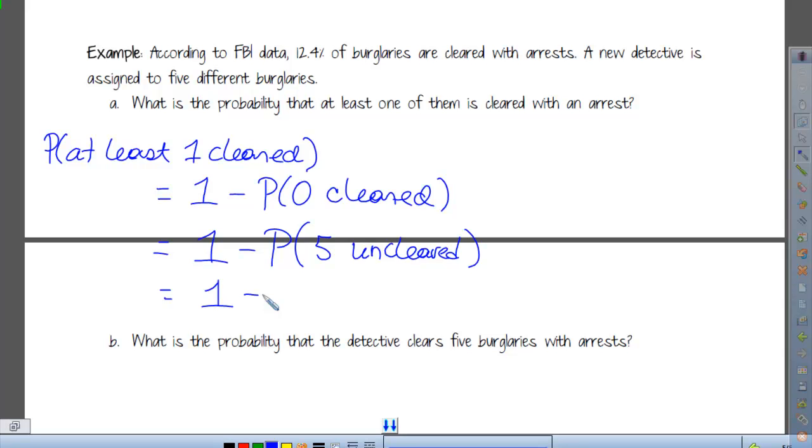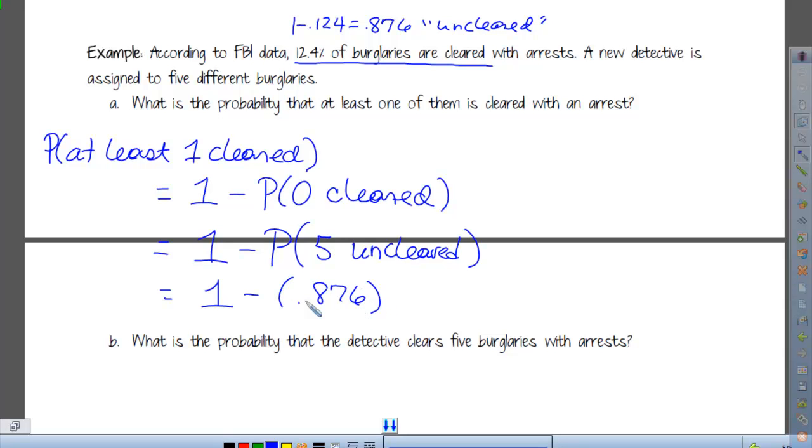The probability of uncleared is 0.876. We have 12.4% of burglaries that are cleared. So 1 minus 0.124, or 0.876, would be uncleared. And so we get 1 minus 0.876 raised to the 5th.